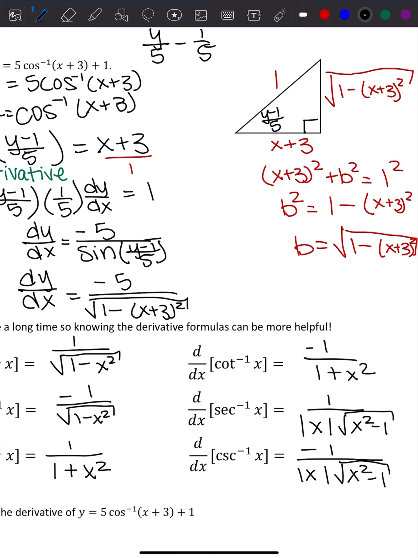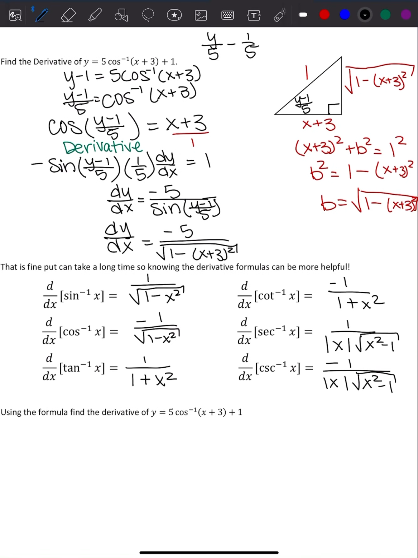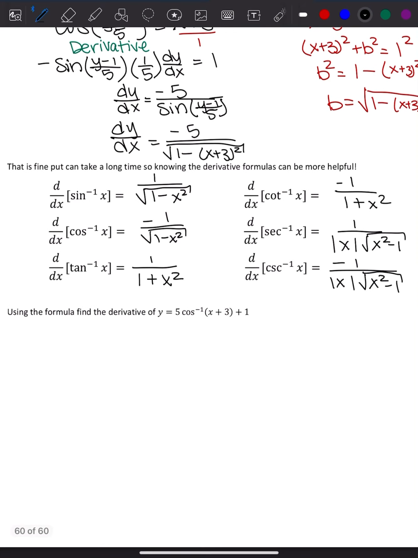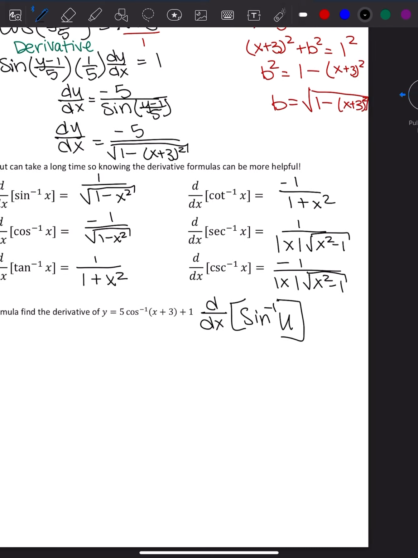There is another way to look at this, which is with u's, and that has chain rule put into it to begin with. So we're going to look at this problem that we just did, but using the formula. If I want to take the derivative of sine inverse with chain rule, I can think about sine inverse of u.